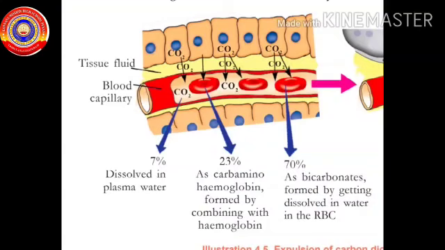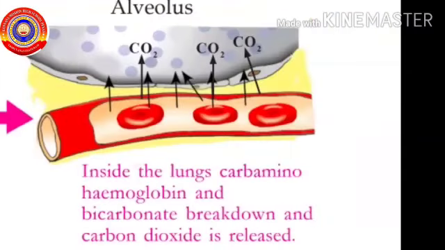The carbon dioxide combines with 23% of hemoglobin and gives rise to carbaminohemoglobin. The carbon dioxide combines with 70% of RBC and gives rise to bicarbonate. The carbaminohemoglobin and the bicarbonate change back to carbon dioxide in the lungs, and this carbon dioxide is eliminated out through the nostrils.